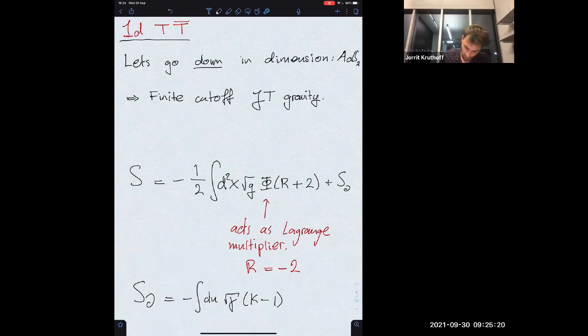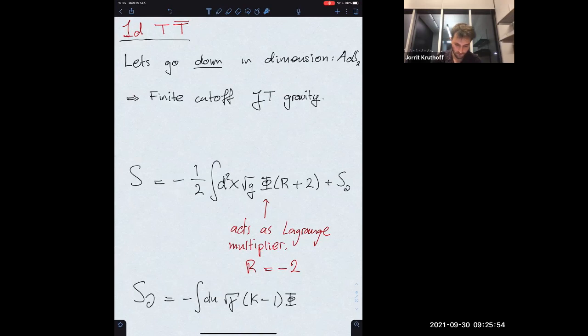I forgot to write some phi here, so that's also there. The first term is just the Gibbons-Hawking boundary term. And this -1 is a counterterm that I have included to make things well defined. The calculation of partition functions, etc., has a volume divergence, and this -1 is going to cancel that.